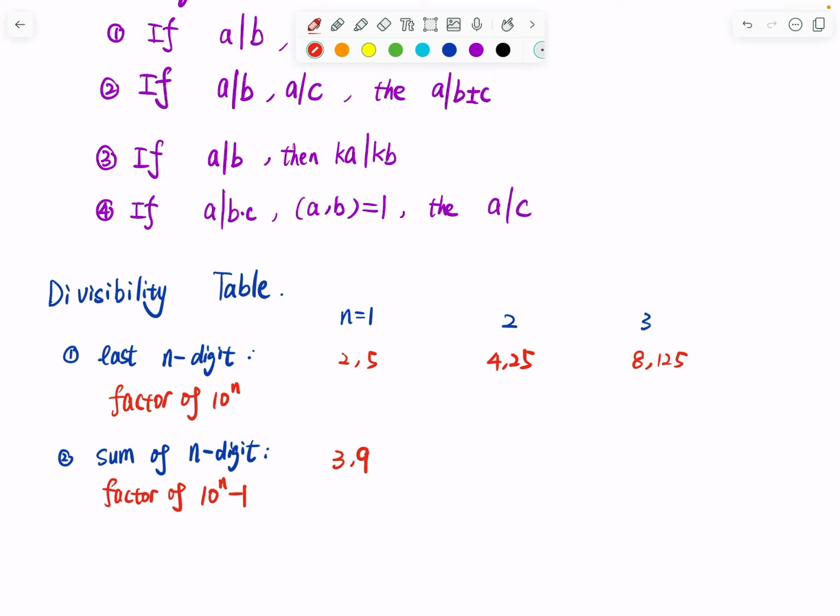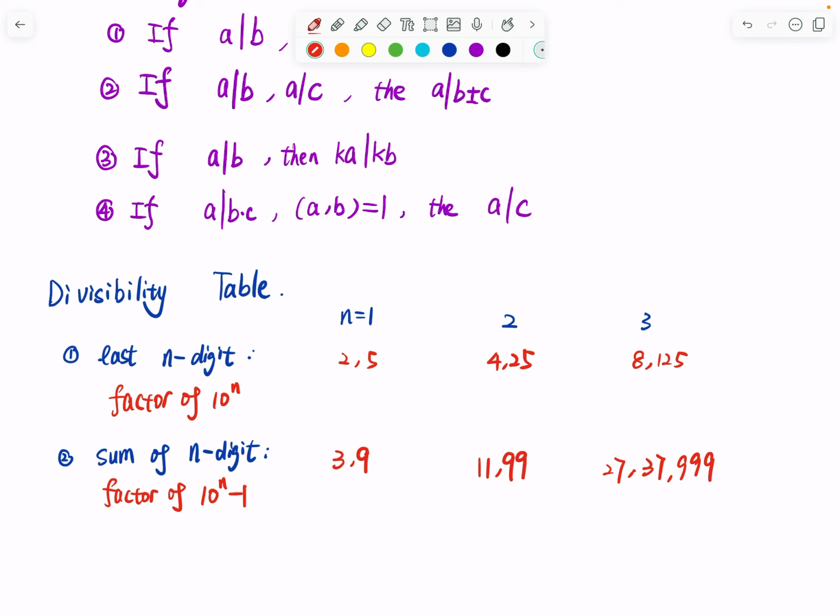If I want to check whether a number can be divided by 3 or 9, you just add the digits together. Also, for 2 digits, you can focus on 11 and 99. And if n equals 3, it should be 999. Also remember, 999 can be separated into 27 times 37. For these numbers, we just determine the sum of the digits.